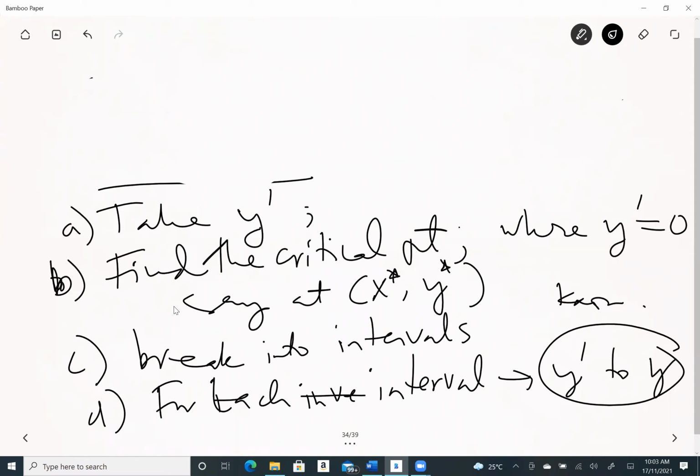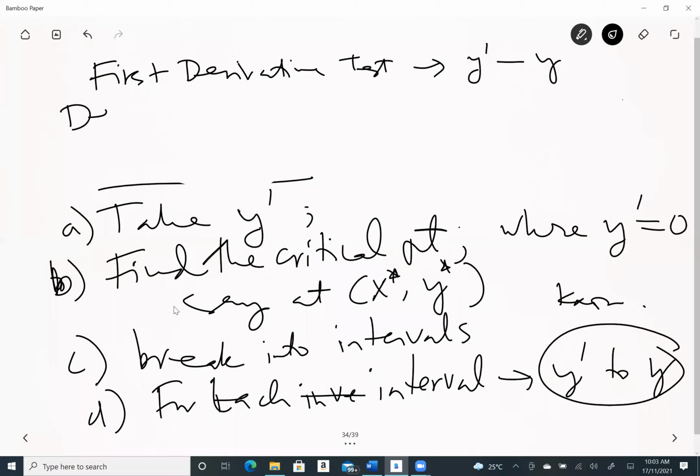So here is the first derivative test. What you are doing here is you relate the y prime to y, and then we can say whether the function has a maximum or minimum.